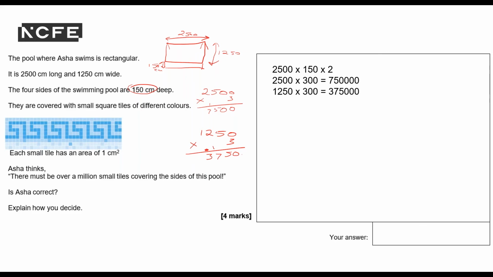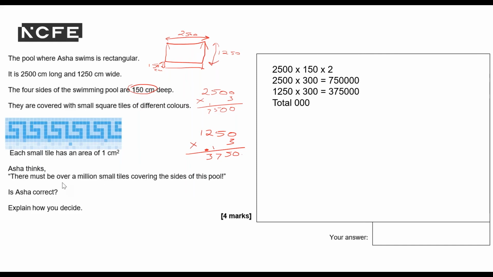I need to add those together, and that will give me the total. I will do column addition from here. So I'm going to start from the right. We've got 3 zeros at the end, so we know it's going to be 0, 0, 0.